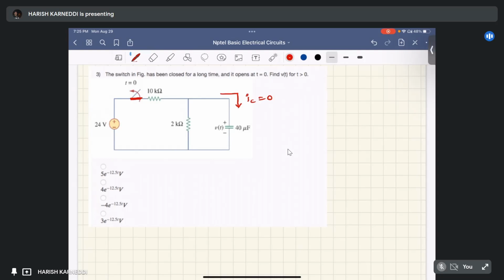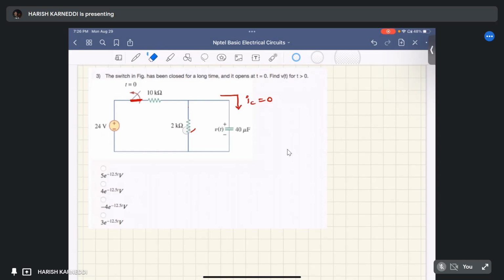It is 0 means the total current, whatever current is coming from this side, the whole current is flowing through this side, right? Let us suppose it is I0.